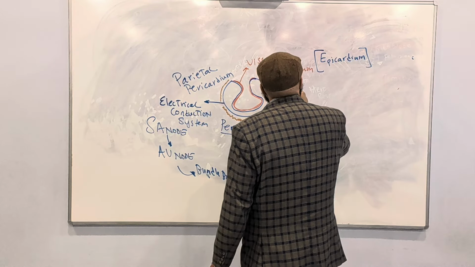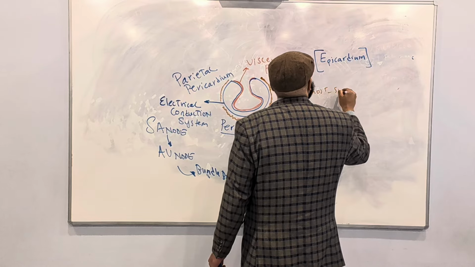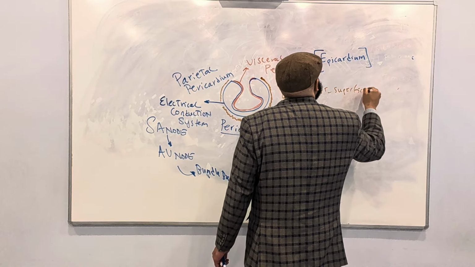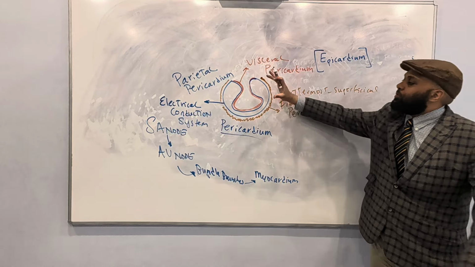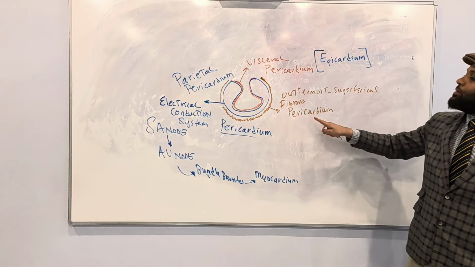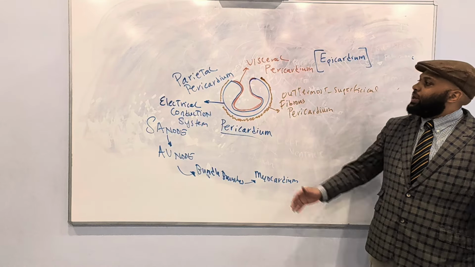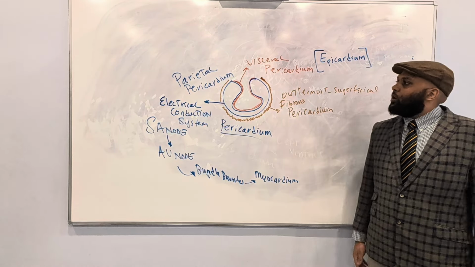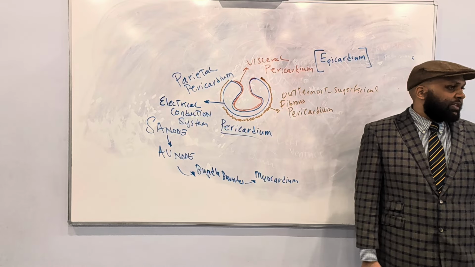It is the outermost, superficial layer protecting and encapsulating the heart. So we have a fibrous pericardium, a visceral pericardium, and a parietal pericardium. You need to know all of them. Is that clear?